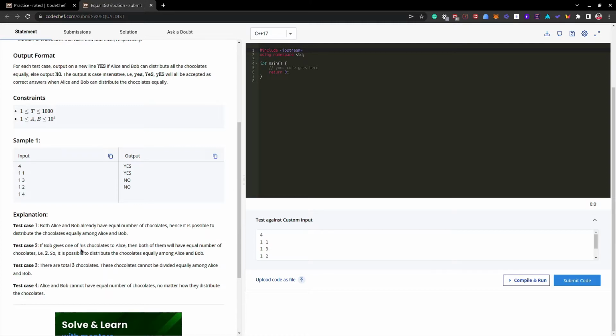And 4 plus 1 is 5. So if the summation of a and b, which we take as input, is divisible by 2, then they can share the chocolates.